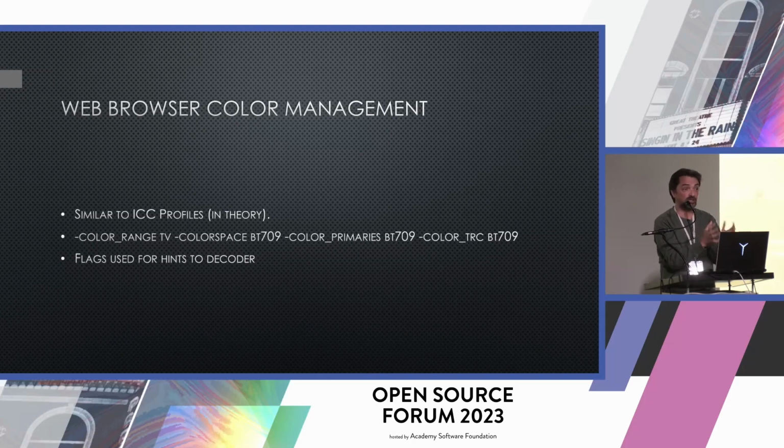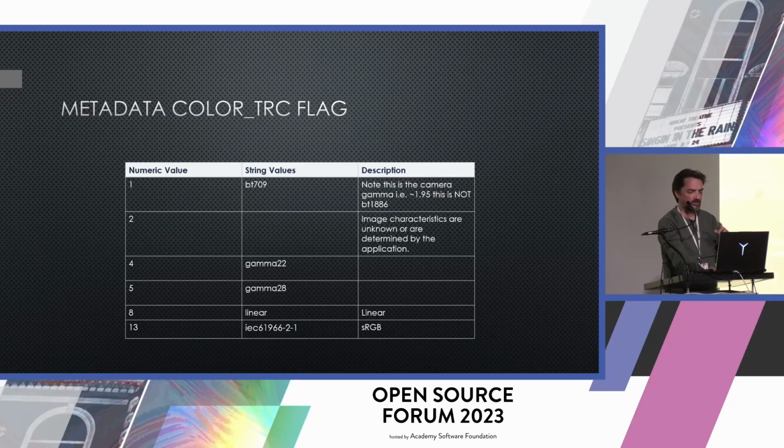This works really well because our laptops are starting to get really good at displaying outside an sRGB color gamut, or HDR displays and all those good things. In theory, MP4 files have lots of nice flags that are the equivalent of the ICC profiles. The problem is the web browsers don't seem to look at it, and I'll show you some examples. For brevity, I'm just going to talk about the transfer function.